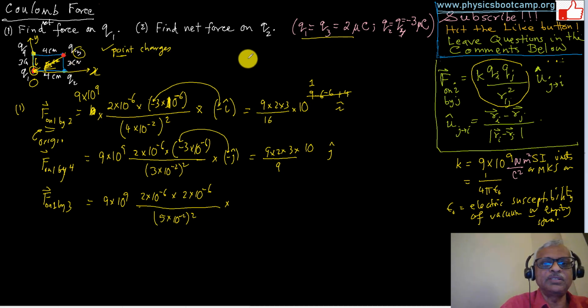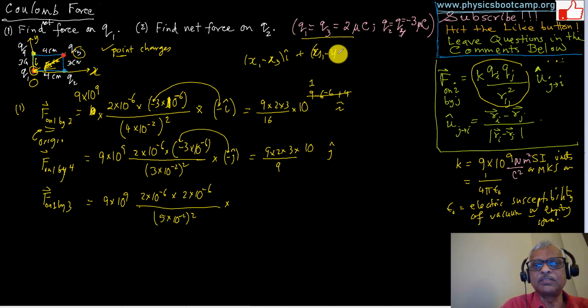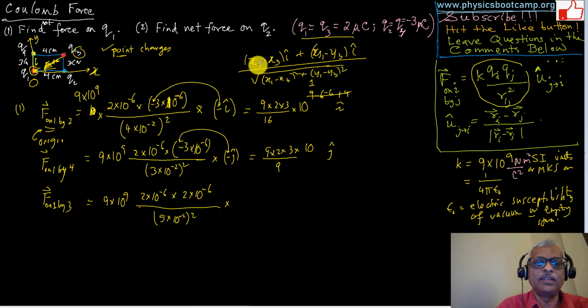So it's going to be x1 minus x3 i hat plus y1 minus y3 j hat, and the square root of x1 minus x3 squared plus y1 minus y3 squared. These are 0, so this is minus x3 i hat, so this is minus x3.